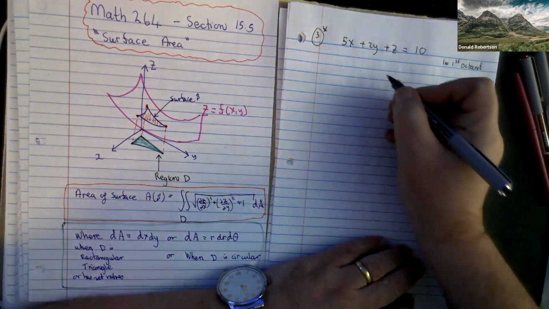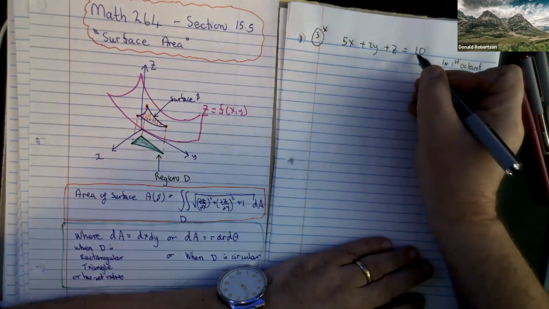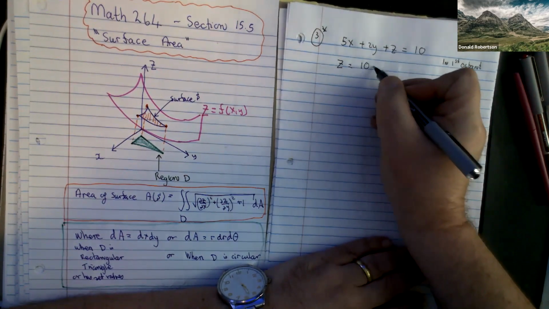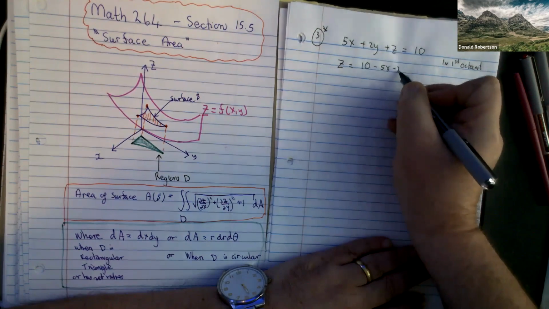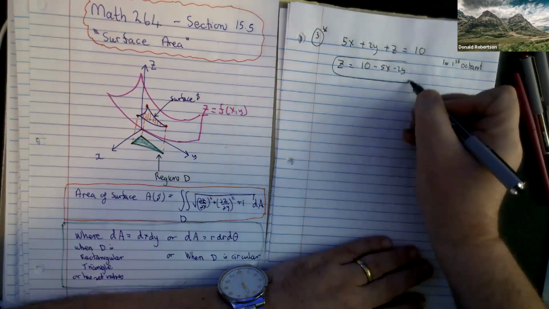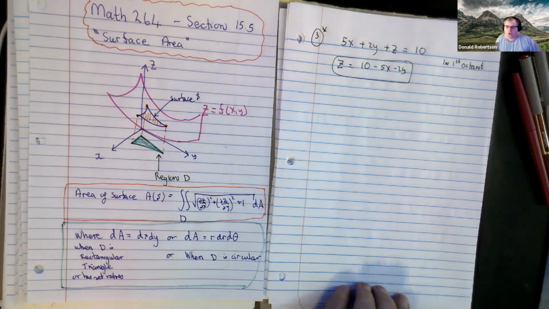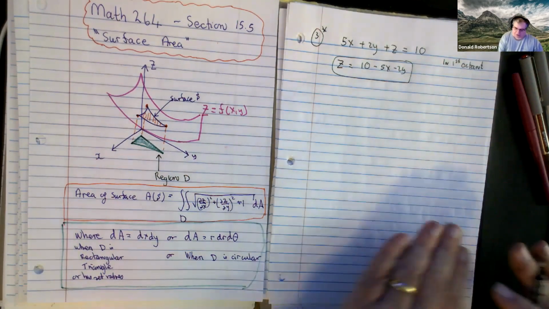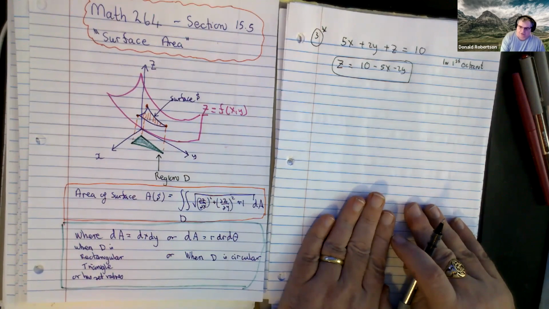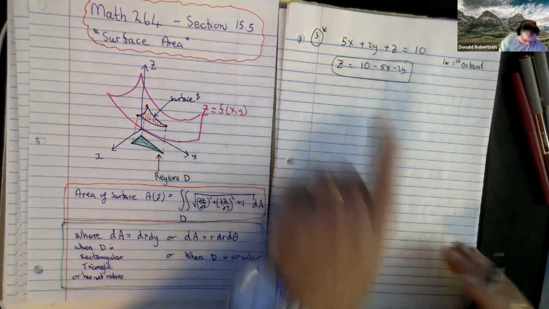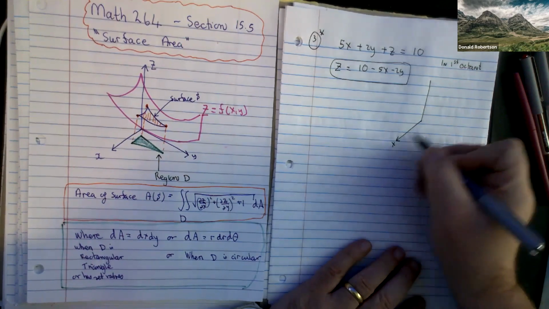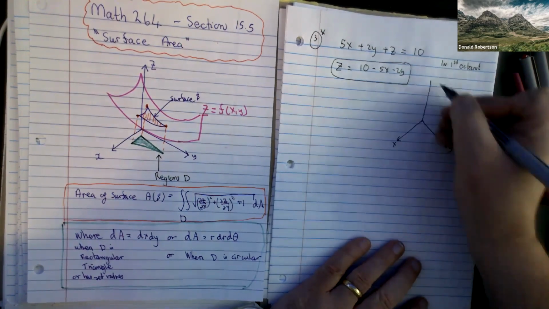So, if I rearrange this guy, Z equals 10, take away 5x, take away 2y, and that's good. What's not at all obvious is what is the shape that we're going to have on the floor that's going to be projected upwards and meet this guy. So I'm now going to do a sketch of this situation.